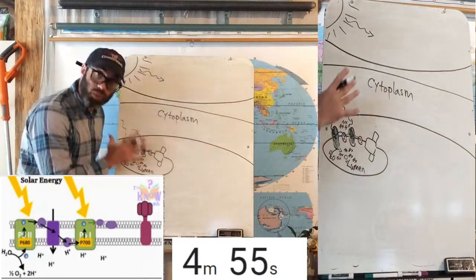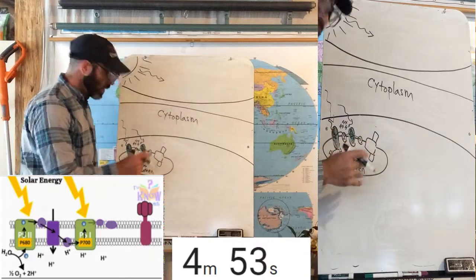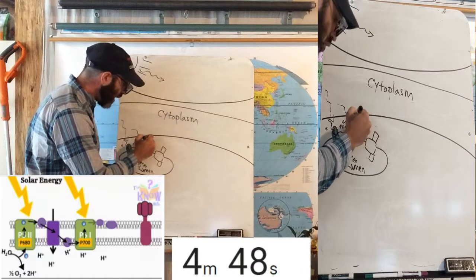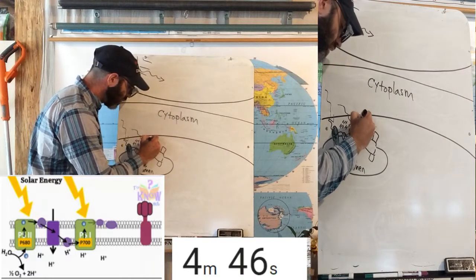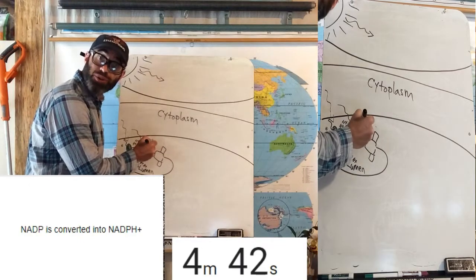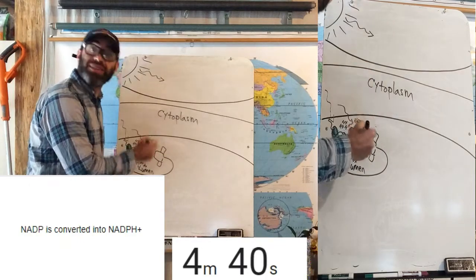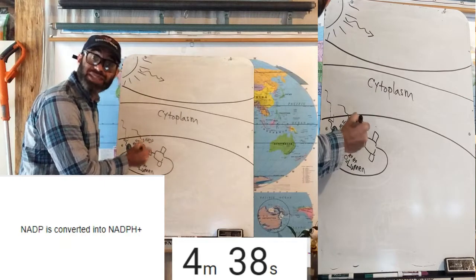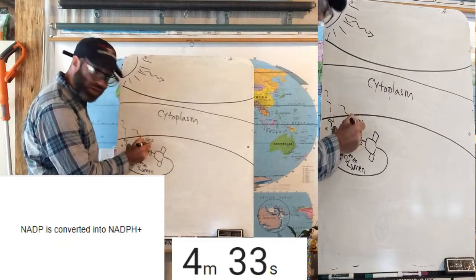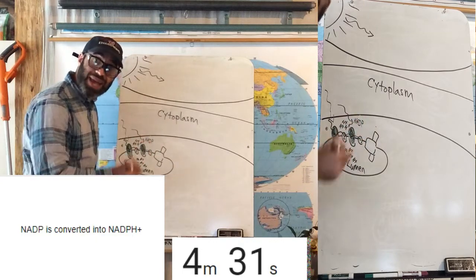Now, good. Here we go. Next part. You have a molecule. This molecule is called nicotinamide adenine dinucleotide phosphate. NADP.